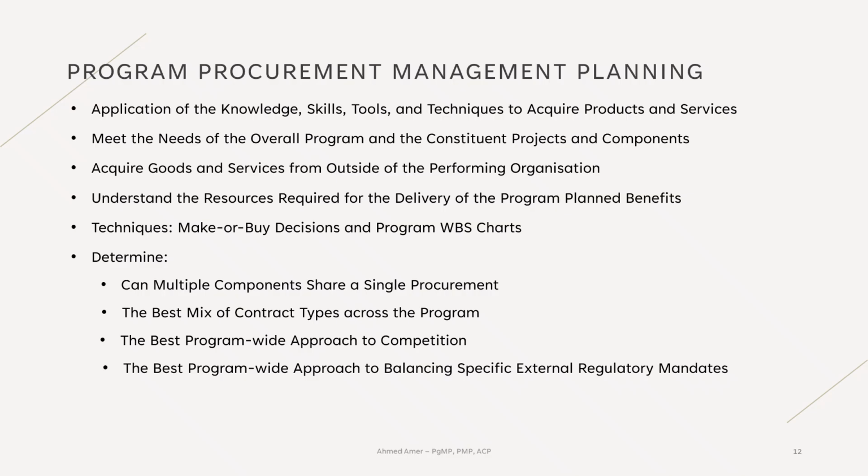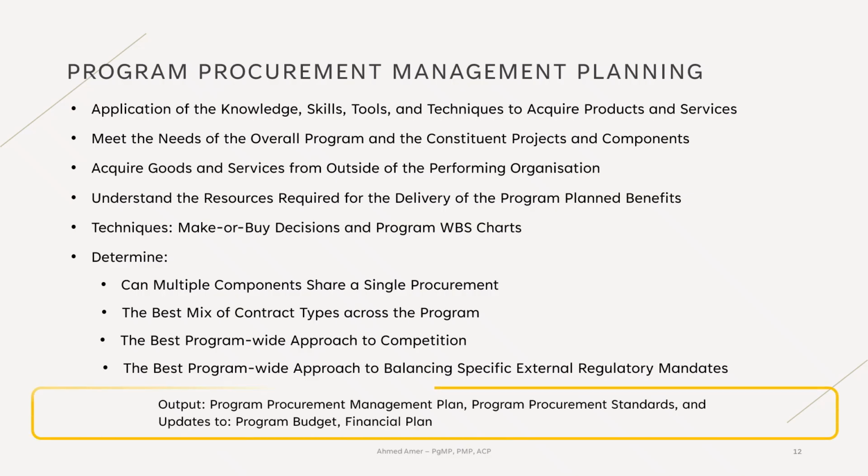This collaboration ensures the program stays aligned with legal, financial, and organizational requirements. The outcomes of this activity include the procurement, the program procurement management plan, program procurement standards, and updates to the program budget and financial plan.